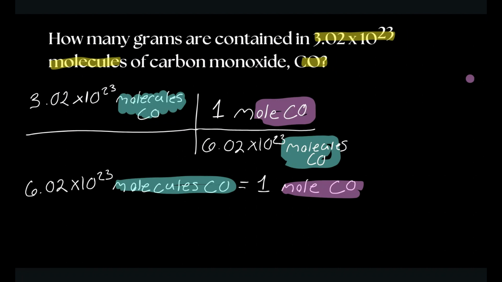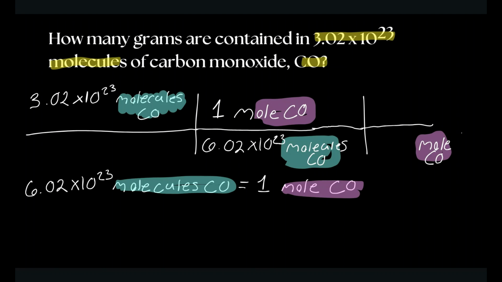Now, we are not quite finished because the problem is asking for us to find our grams. So we are going to need to expand the setup one more time. Expanding the setup, we have the mole of the CO on top, which means that on our diagonal, we're going to need our mole of our CO. Now, in order to go from moles to grams, we are going to need the molar mass of our compound.